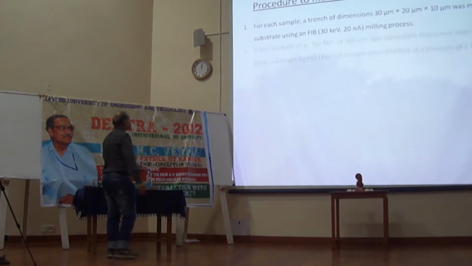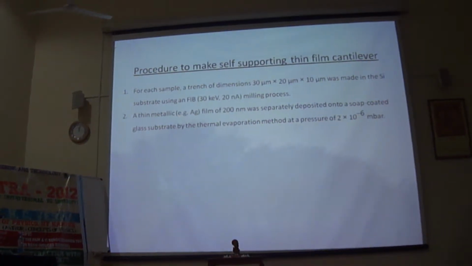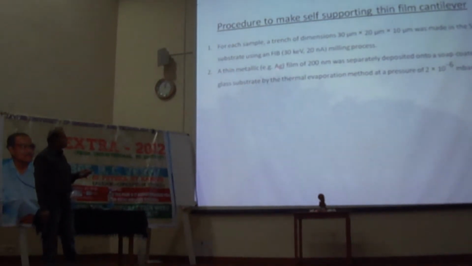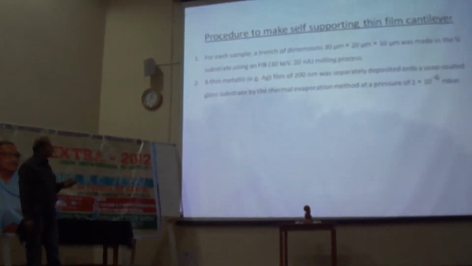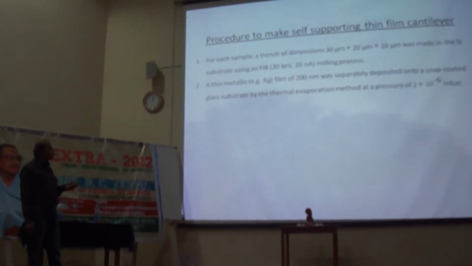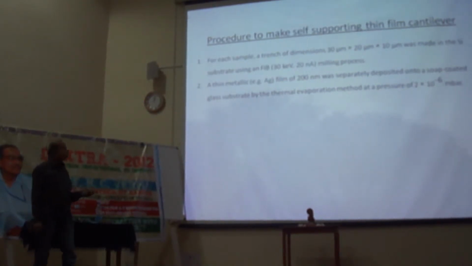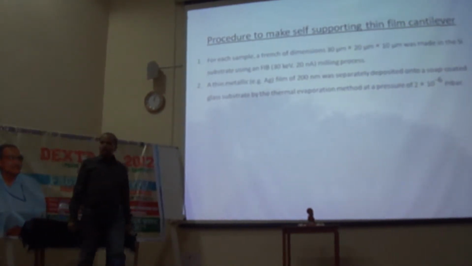Next thing is a thin metallic film. We have done with silver, gold, and copper. A thin metallic film of about 200 nanometers was separately deposited onto a soap-coated glass substrate by thermal evaporation.